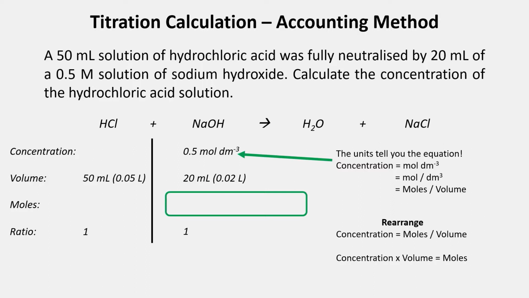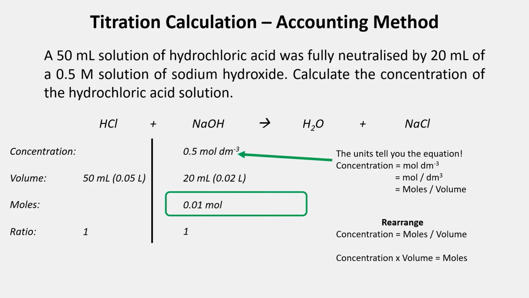Again, it's very important that the units of volume are litres or decimeters cubed, same thing, and the concentration is in moles per decimeter cubed. Otherwise, the decimeter and per decimeter cubed won't cancel out to give you moles.